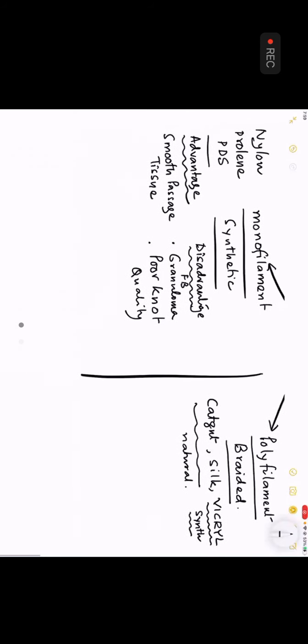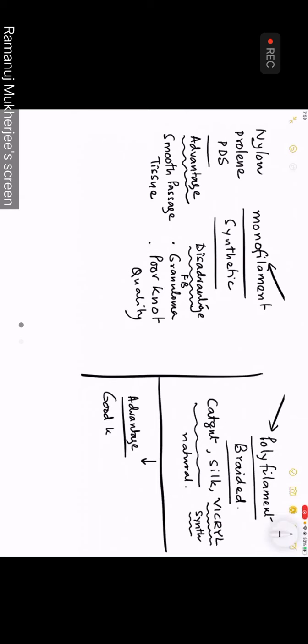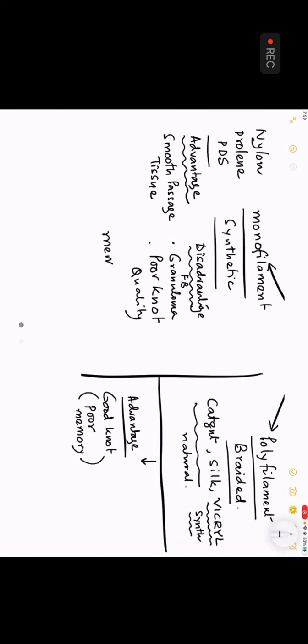What is important to know is that the advantage of these sutures is a good knot. Why a good knot? Because it has a poor memory. The word memory means the ability of a suture to retain its original state.